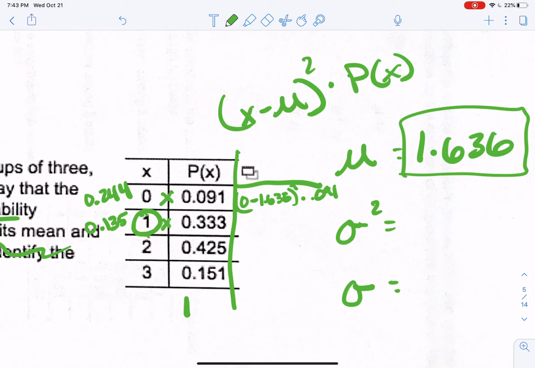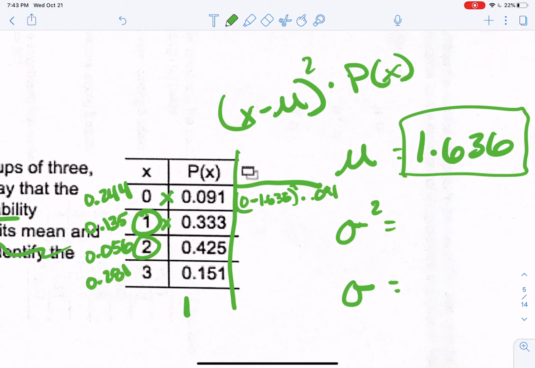Okay, then 2 minus 1.636 squared times 0.425. Third one is 0.056. And the last one, 3 minus 1.636 squared times 0.151, is 0.281.